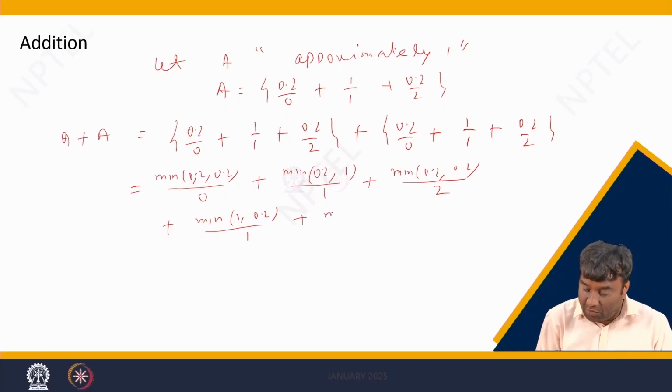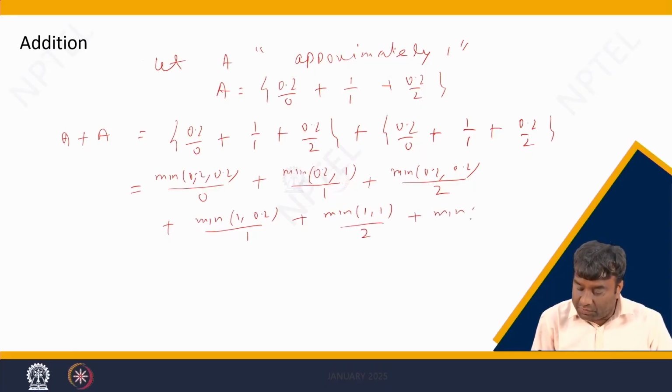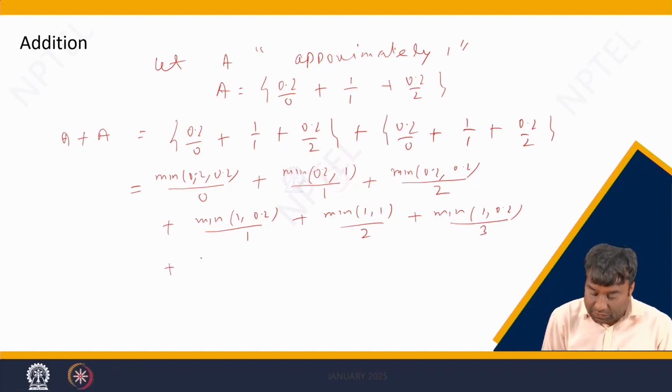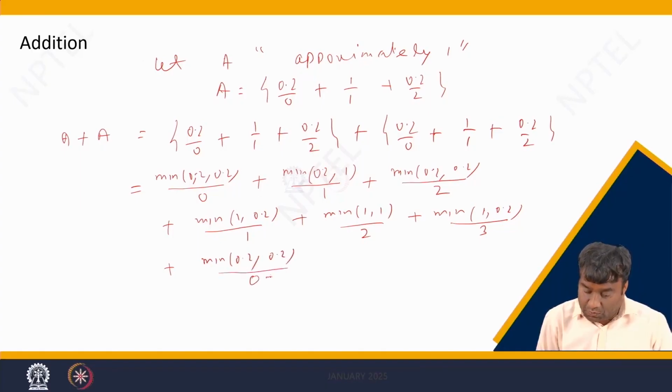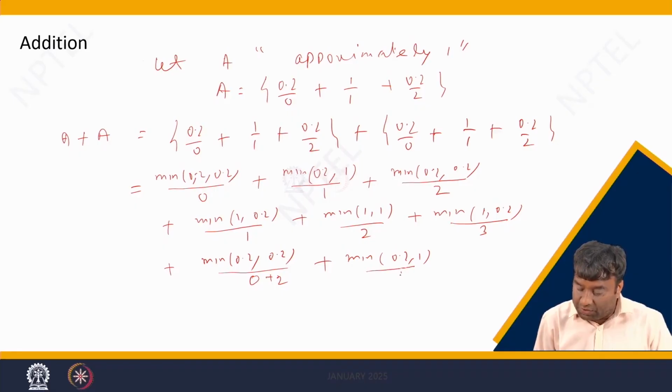Plus minimum of 1 and 1, and 1 plus 1 is 2. Plus minimum of 1 and 0.2, the minimum value is 0.2, and 1 plus 2 is 3.